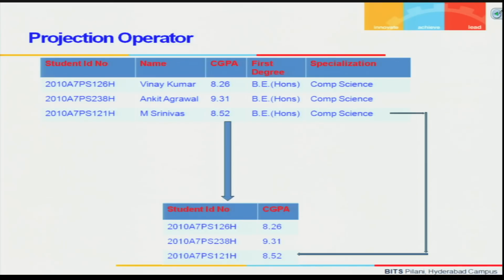You can say select student ID number, CGPA from table student. When you say this, this is exactly what is happening, isn't it? So that particular SQL operation is derived from this projection operator defined on the relation student. The mathematical background is from here.